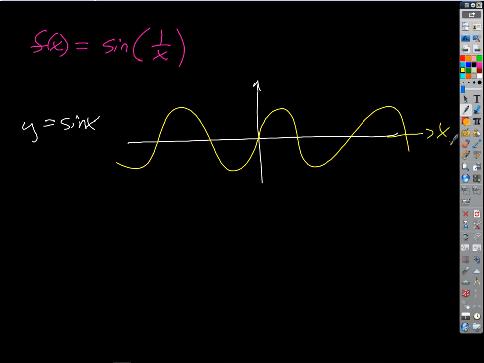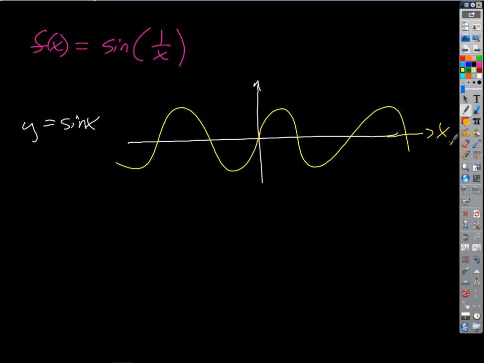But we're not just feeding this sine values of x. We're feeding it the output of the inverse function, aren't we? So how's that going to change things? That's going to be weird, isn't it? As x gets bigger and bigger, what's going to happen to 1 over x? It's going to get smaller and smaller, isn't it?